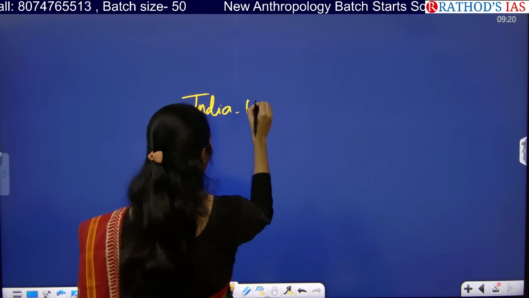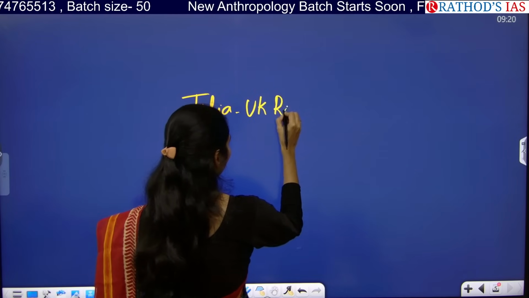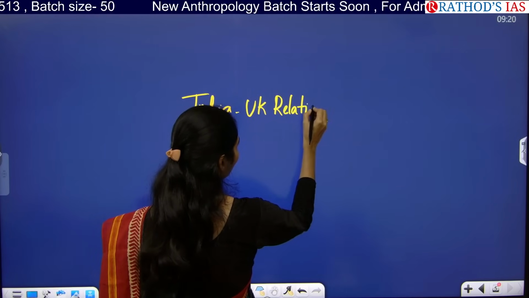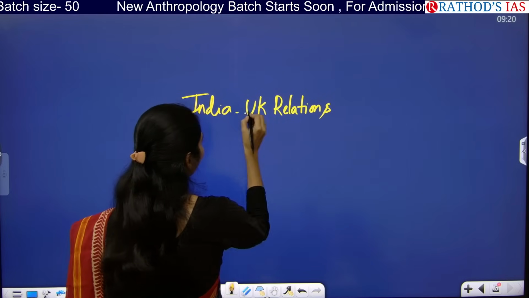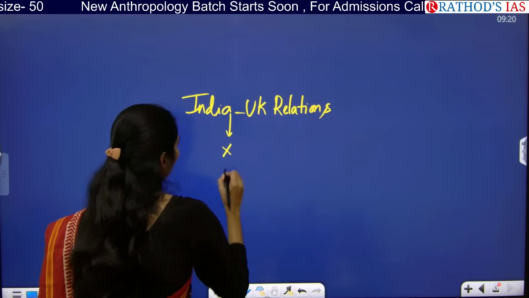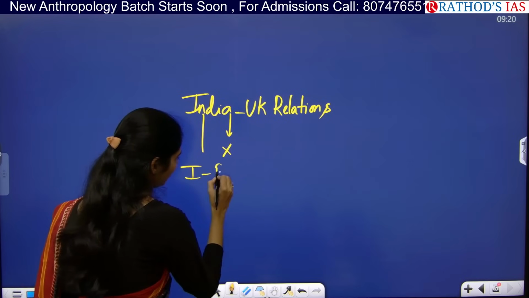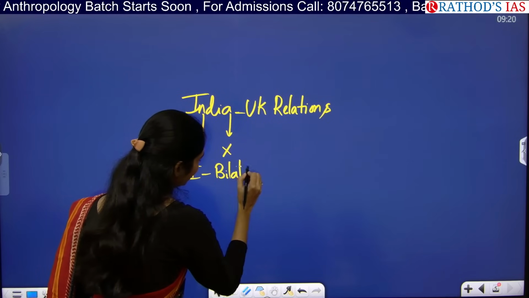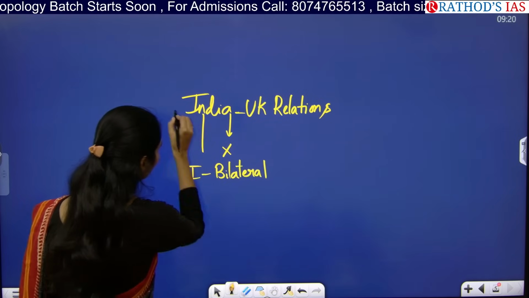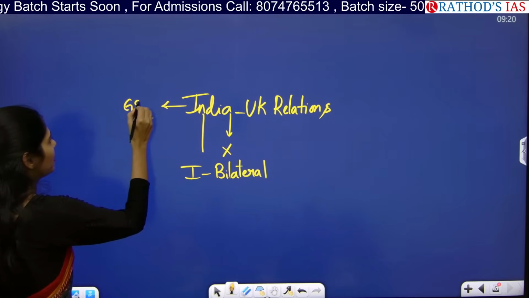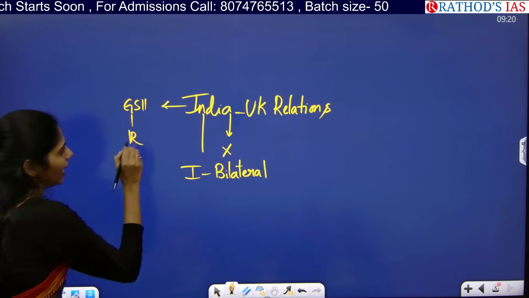Do we share a boundary with the UK? Yes or no? We are not sharing any border with the UK, so it comes under India's bilateral relations. This article is important from your GS Paper 2 under international relations.